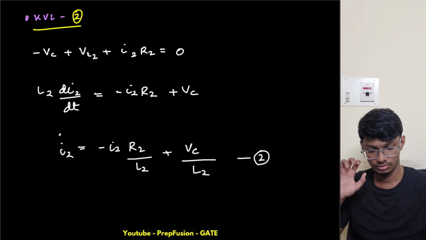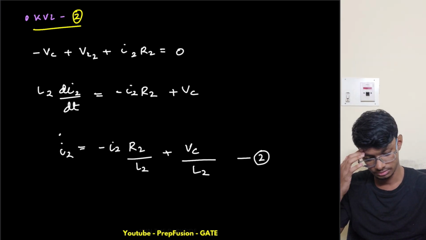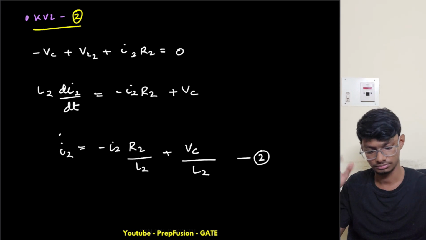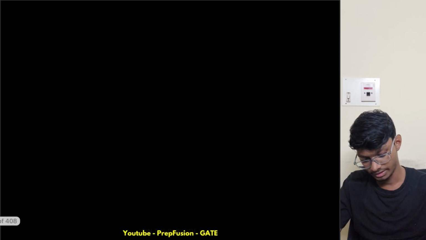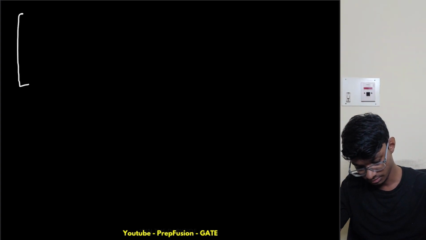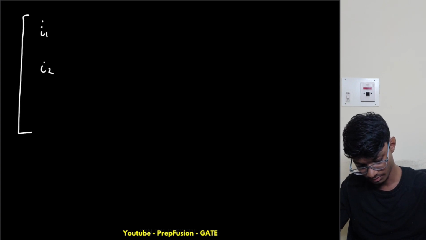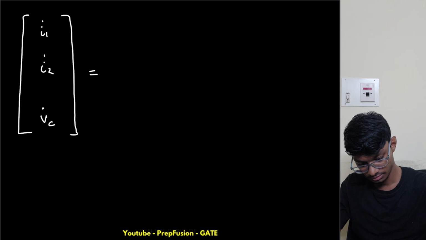Now let me write the equations in the matrix format. This will be a bit big, so I have to make everything smaller later. Let me first make the format itself. I1 dot, I2 dot, and VC dot, and we have the E matrix.